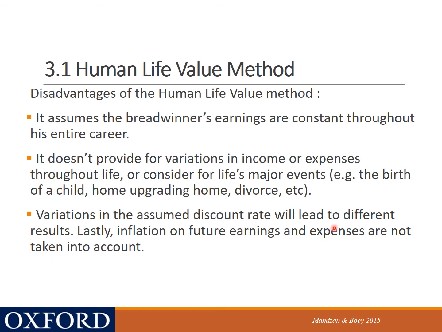There are several disadvantages of using the human life value method. The first limitation is that it assumes the breadwinner's earnings are constant throughout his or her career, so we assume that the earnings do not increase. Secondly, it doesn't provide for variations in income or expenses throughout life, or consider major life events.